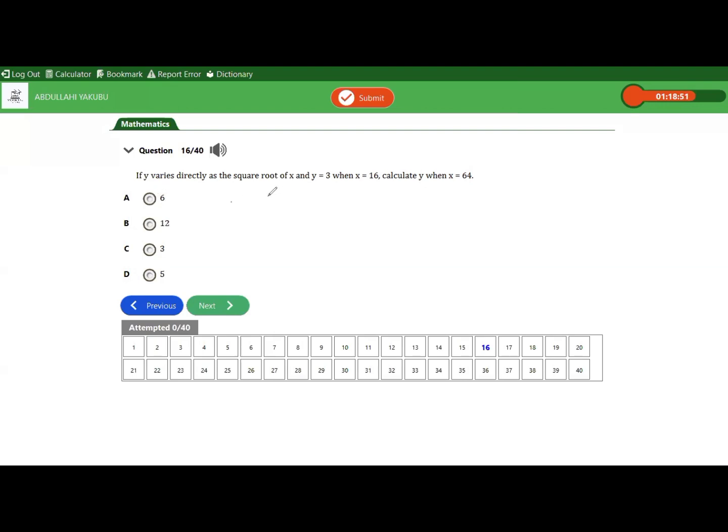Since they say y is directly proportional to the square root of x, this is what it implies: y is equal to, let's use k, multiplied by root x.